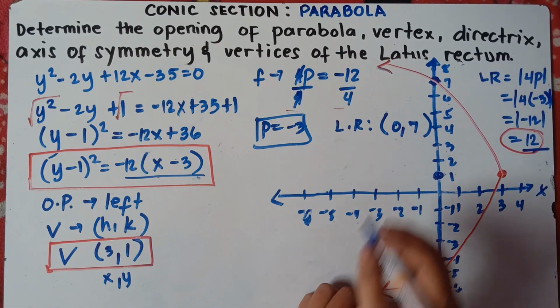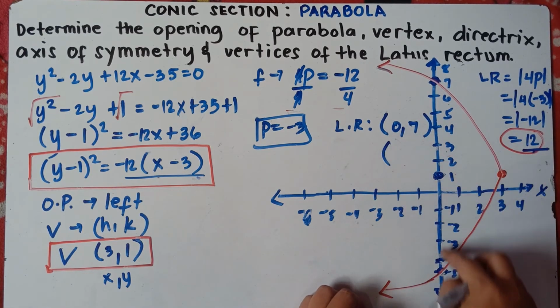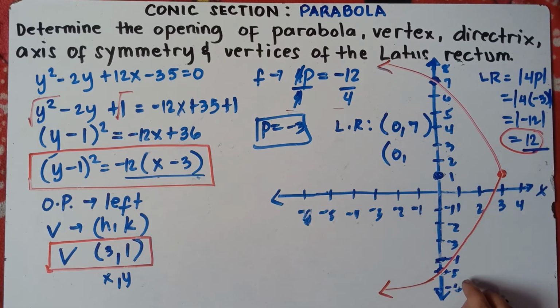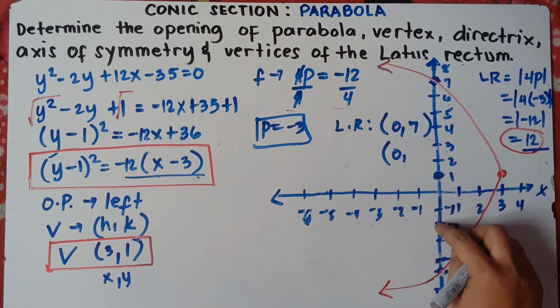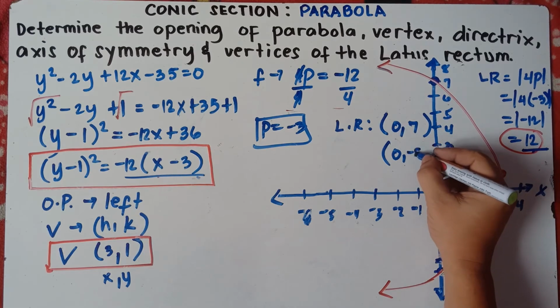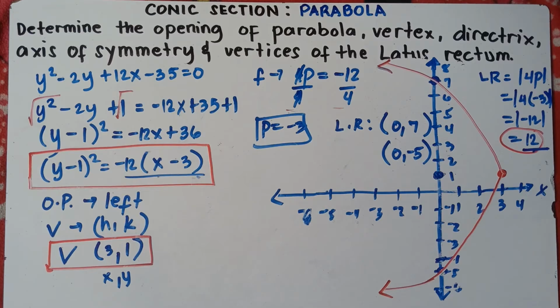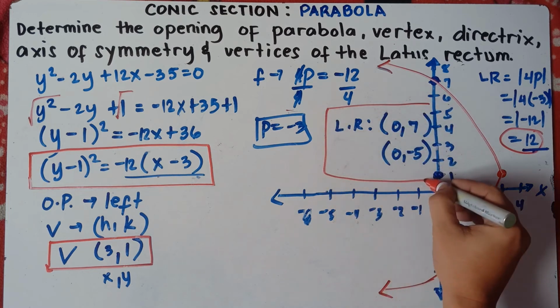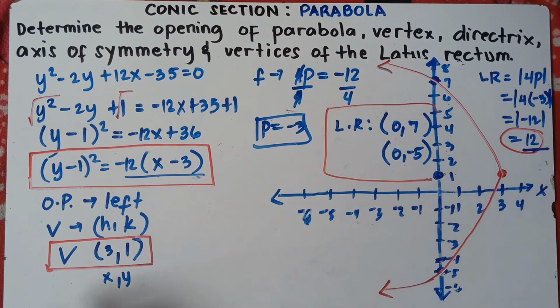So 0, 7. For the other one, our x is still 0, and counting 1, 2, 3, 4, 5, 6, our y is negative 5. So 0, negative 5, and 0, positive 7. Those are the vertices of the latus rectum, class. I hope you got that one.